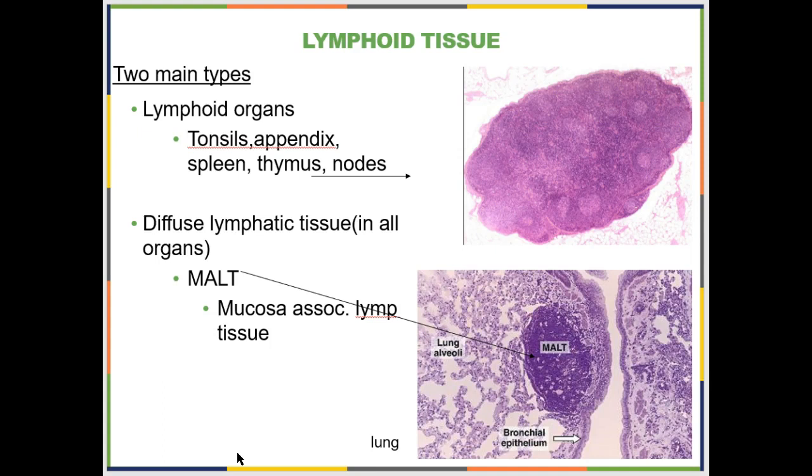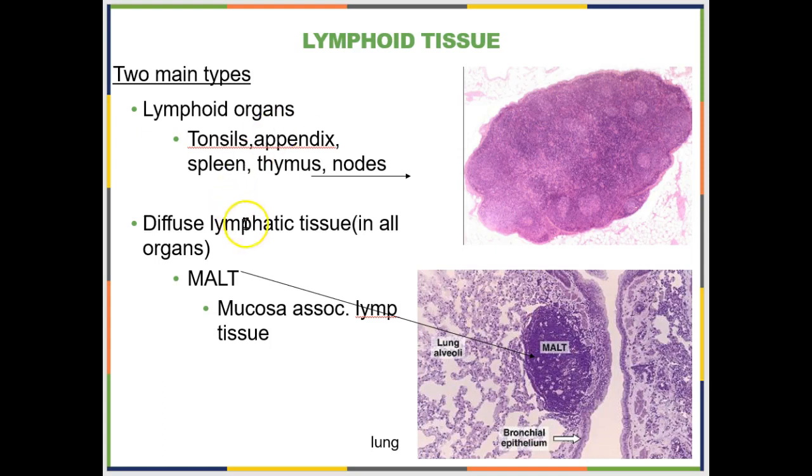So then what we're going to do is go through individual lymphoid tissues, and there are two main types. You have lymphoid organs. So these are chunks of lymphoid tissue that are discrete and separate from the organs around them. They have their own capsule or membrane that surrounds them.